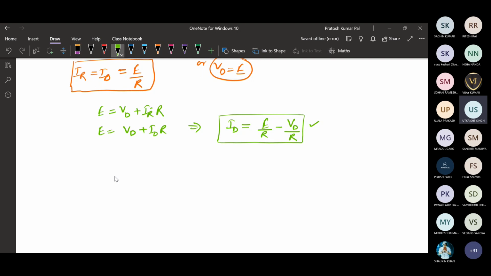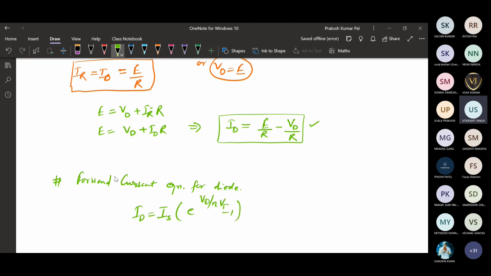Similarly, another equation is the forward current equation for the diode, which is basically ID equals IS times e to the power VD divided by NVT, minus 1.